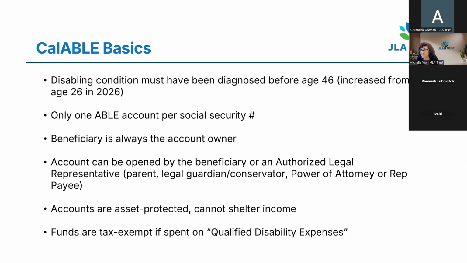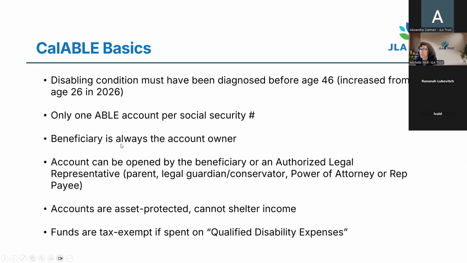CalAble is based on 529 college savings accounts, except they are a little different, in that they can be used for many more services other than post-secondary education. And the other thing about ABLE accounts is you can only have one. With the other 529 college savings accounts, you can have more than one. These are the federal rules. Don't ask me the rhyme or reason, but I'm just sharing with you what the rules are.